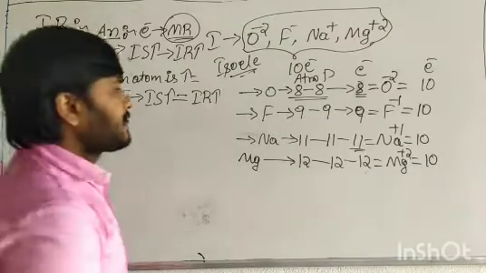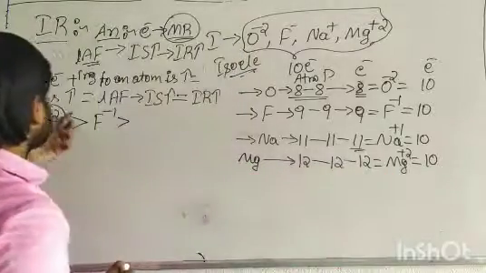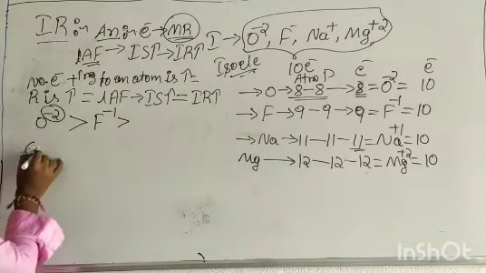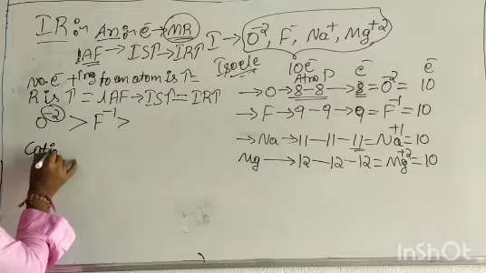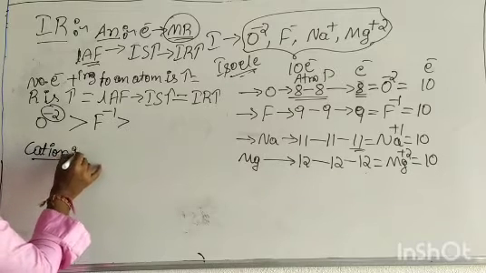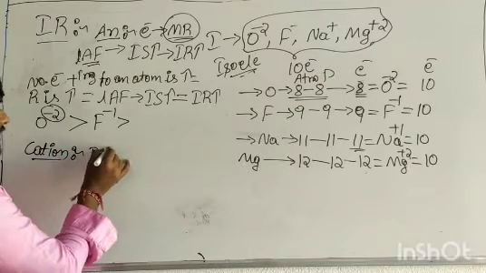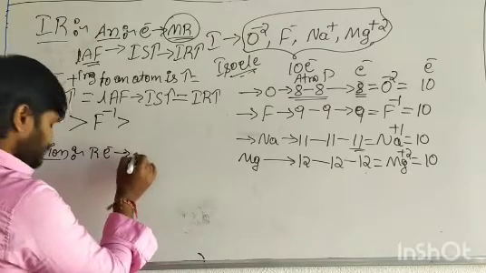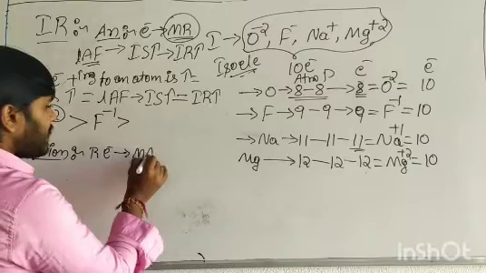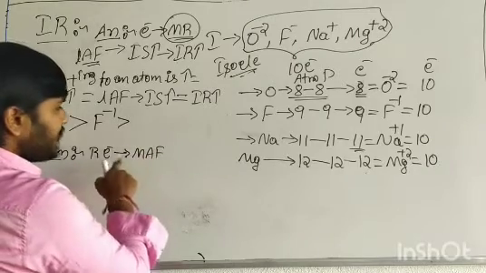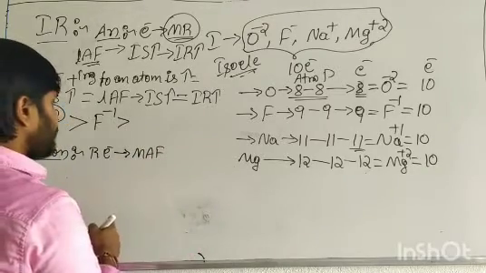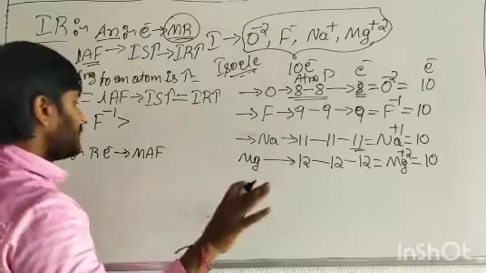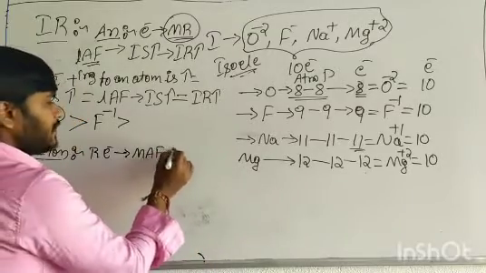Next comes Na plus. Here we are removing an electron, so obviously there will be more attractive force between the nucleus and the outermost electrons. We are removing an electron, so the effective nuclear charge is more.